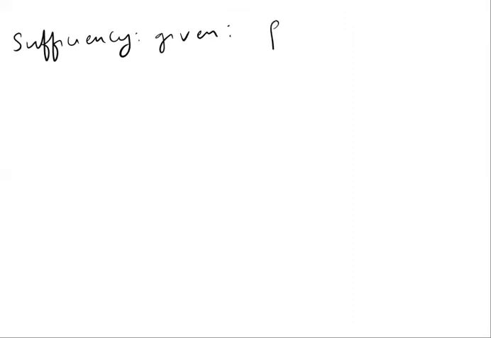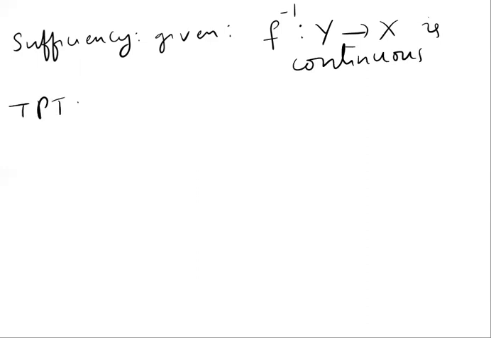Given f inverse from Y to X is continuous, and to prove that f is an open mapping. We have to prove that f is an open map. That means f takes open sets to open sets, right?